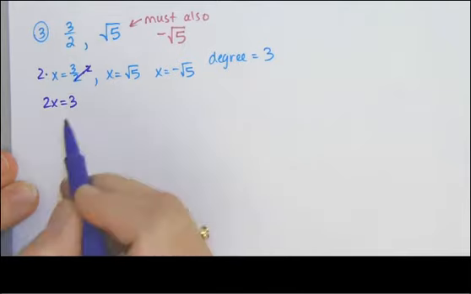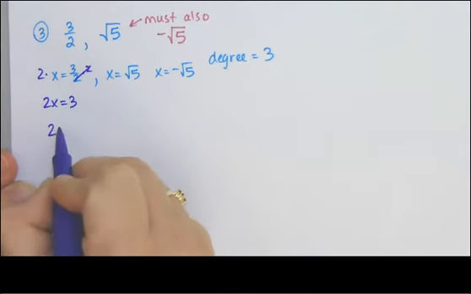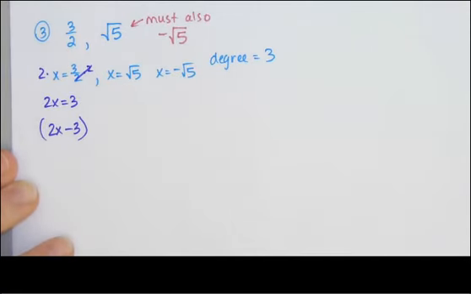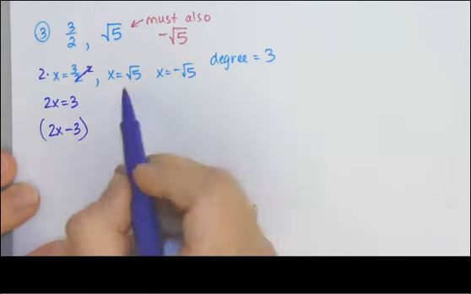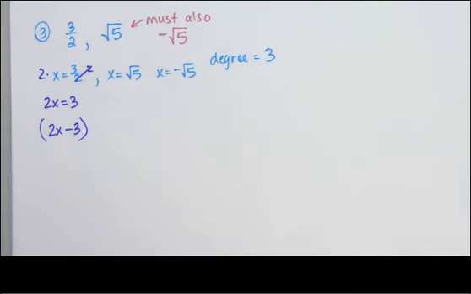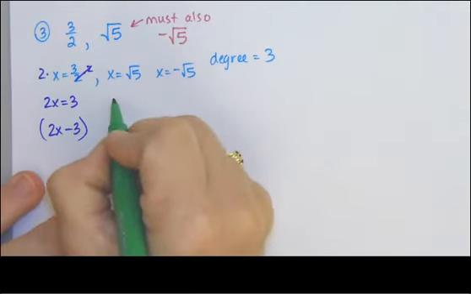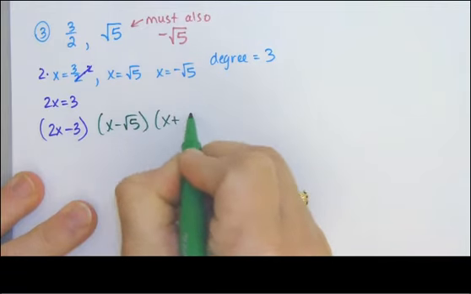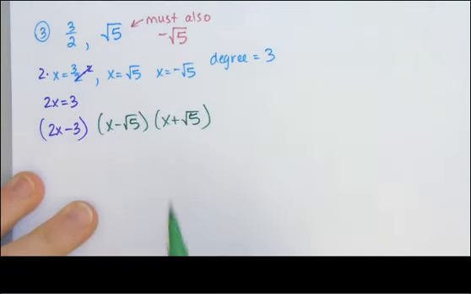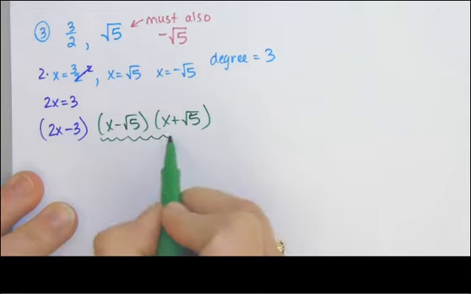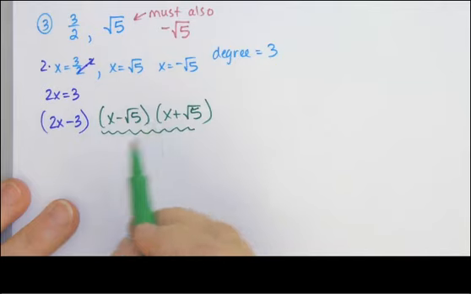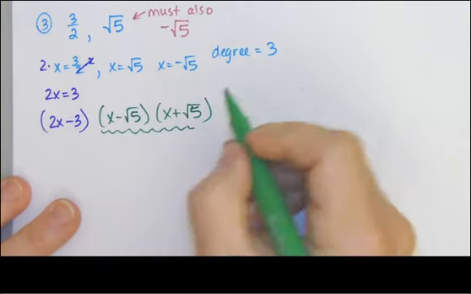Remember I'm trying to set this equal to 0, so I'm going to subtract the 3 from both sides, so there's my factor, 2x minus 3. This factor right here is x minus radical 5, and this factor here is x plus radical 5. Again, I'm going to foil those first because they're conjugates. Remember, that's a conjugate pair, and then the ugly stuff should cancel out. I'm just going to write this on there.